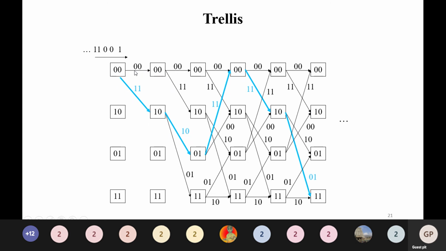For each of the states, if in this state 0 comes, it goes to 0 0. If 1 comes, it goes to 1 1 or 1 0. So you can go in for various particular states. This is repetitive depending upon the number of input bits. In this state 0 comes, it goes like 0 0, 1 1. Then it goes on. In this particular state, it goes further to 0 0, 1 1.